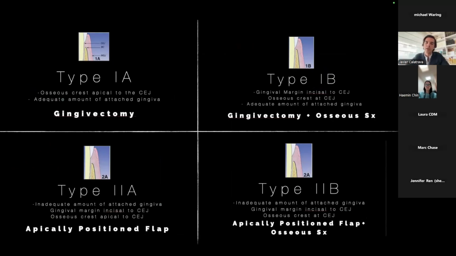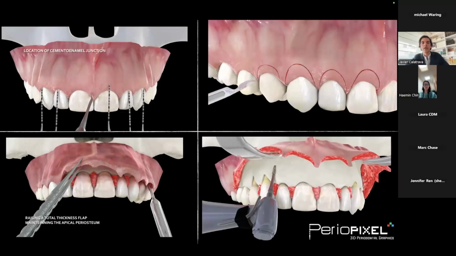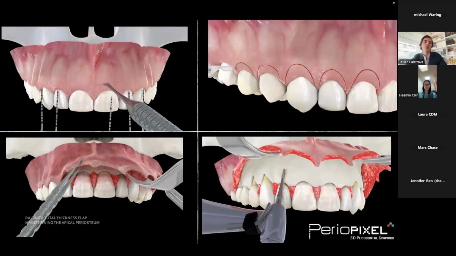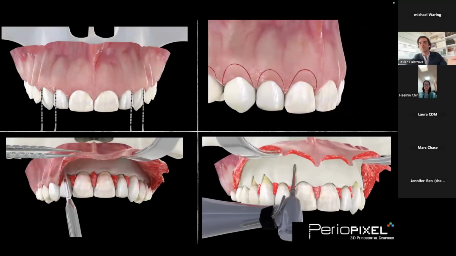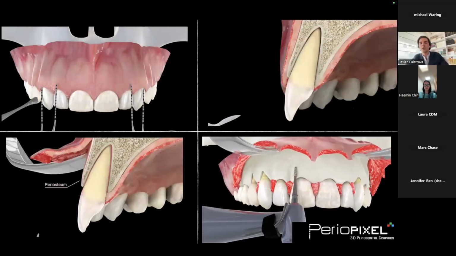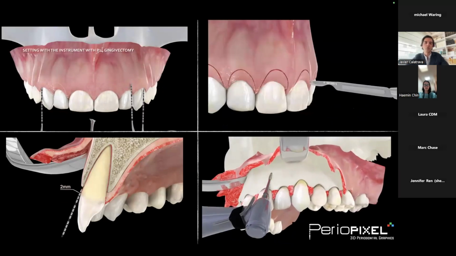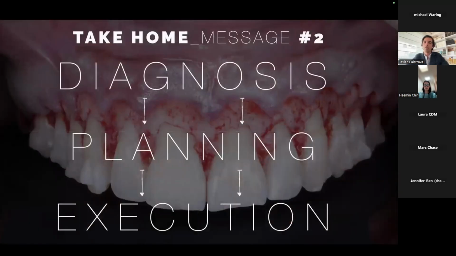The most common in ultrapassive eruption places is to have to do a combination of gingivectomy and osseous surgery. And here we have beautiful explanatory videos of all the steps: the gingivectomy, the removal of the scallops, the bone osseous surgery, the ostectomy, the osteoplasty. However, this is not the aim of this presentation, so we're going to slightly go through it.